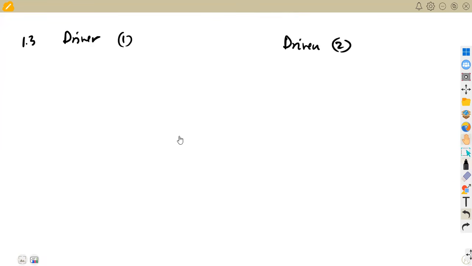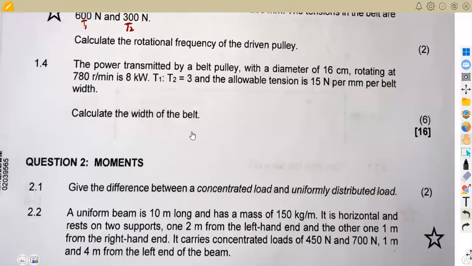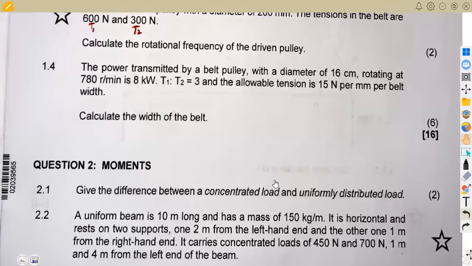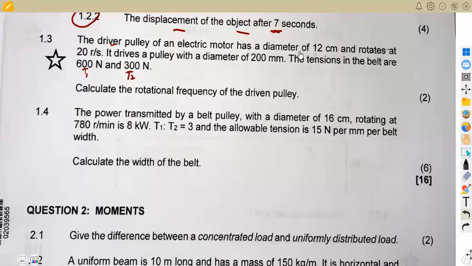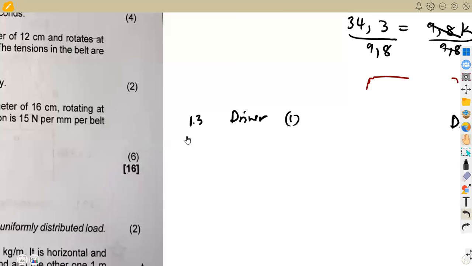So on the driver, like I said, I'm just going to use 1. This is our question 1.3. So for the driver, I'm going to denote with 1, and for the driven, I'm going to use 2. Let's check. The driver in this case is given a diameter of 12 centimeters. So we're given the diameter and the rotational speed of 20 revs per second on the driver.